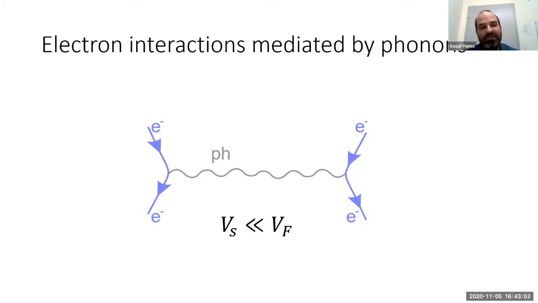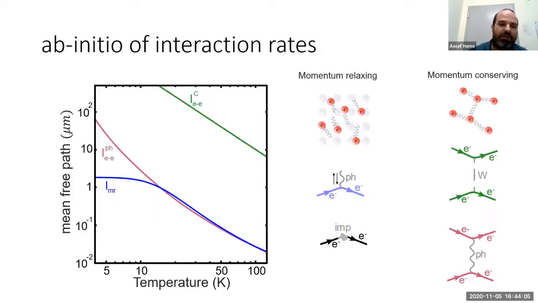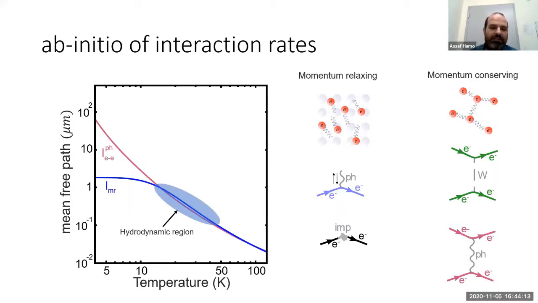This is not a new interaction. You know this interaction from BCS theory. This is the kind of interaction that binds 2 electrons to form a Cooper pair. If you take this interaction into account, you find that there is a region here where this interaction is actually faster than the interaction between the electrons and the lattice. And what is the blue line? The blue line is the momentum relaxing interaction, both the phonons and the impurity.